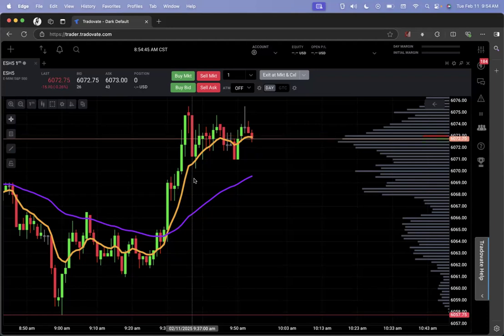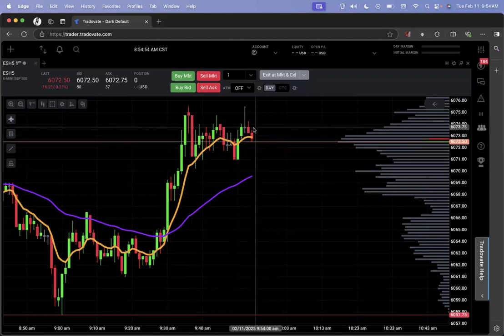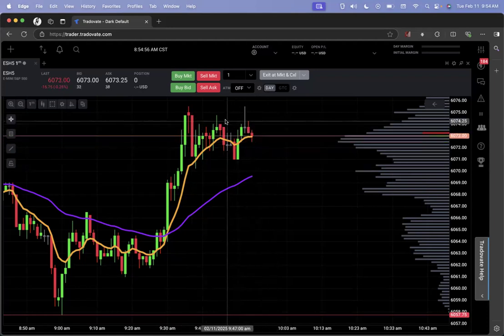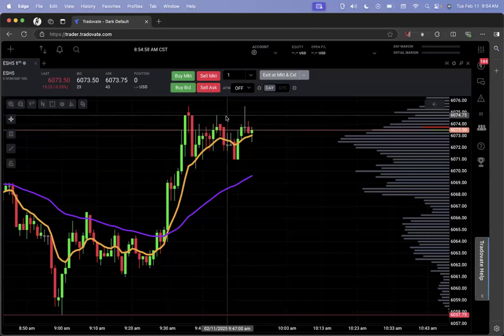If we're not able to reclaim 60-74, that's what I like about a lot of these formations and setups: now we have defined areas of stop losses.